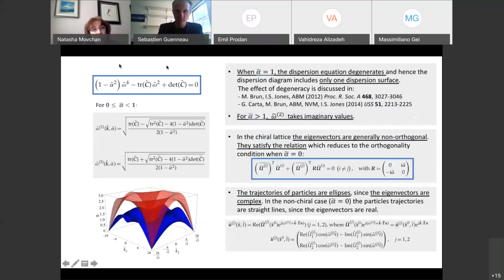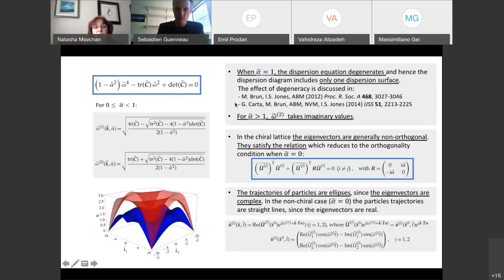So here I have the dispersion relation repeated, and the expressions for the two roots of the dispersion relation for alpha smaller than 1. And as I said before, when alpha is equal to 1, our equation degenerates and we have only one dispersion surface. And the effect of this degeneracy was discussed in these two papers, which I mentioned here.